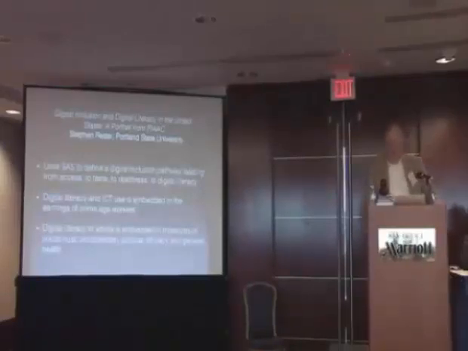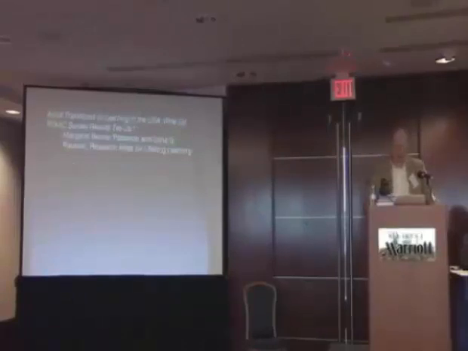And also, digital literacy and ICT use in adults is also embedded in measures of social trust, all of these positive attributes that make for a stronger democratic society. So it looks like it's a pretty powerful measure of important factors.